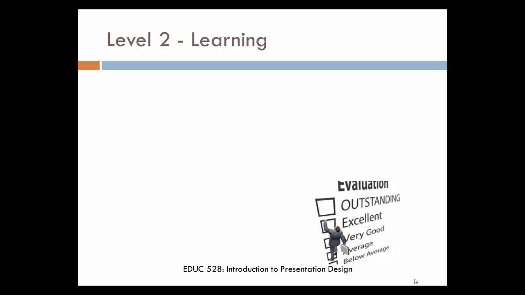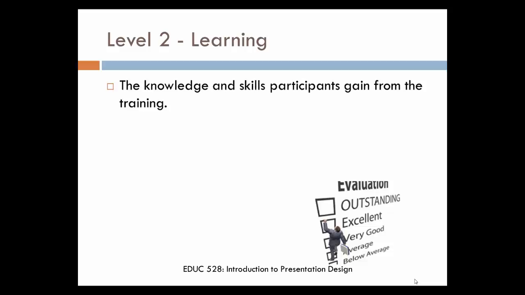Level 2 is learning. It's an evaluation of the knowledge and skills the participants obtained from the training program, assessing what attitudes, knowledge, and skills they learned and what they still need to learn. Testing whether learning and change has occurred should involve pre and post test training measures. Be sure to go beyond testing just actual recall.